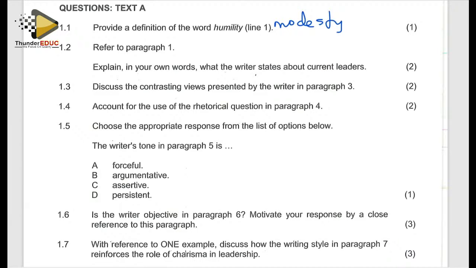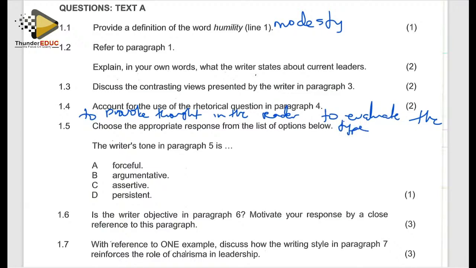Account for the use: to provoke thought in the reader, to evaluate the type of leader they might want in power.